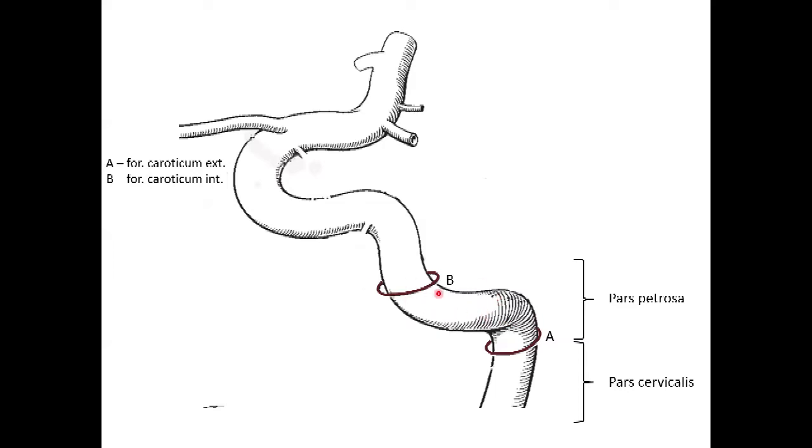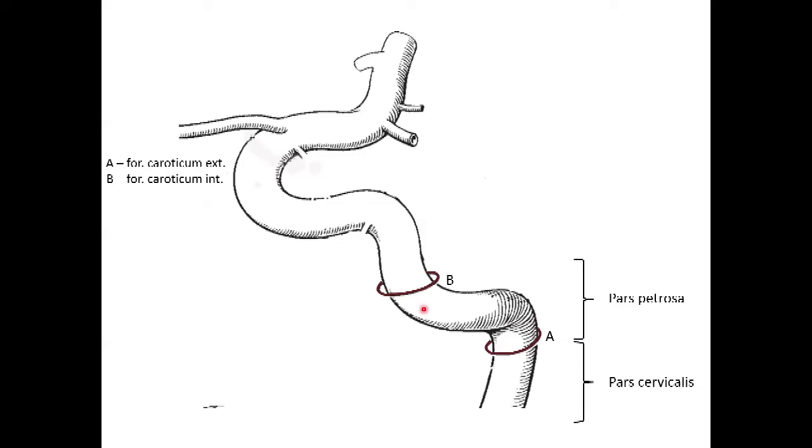This is pars petrosa. Before foramen caroticum internum, from foramen caroticum externum, this small part, about 1 centimeter in length, is situated inside the temporal bone.